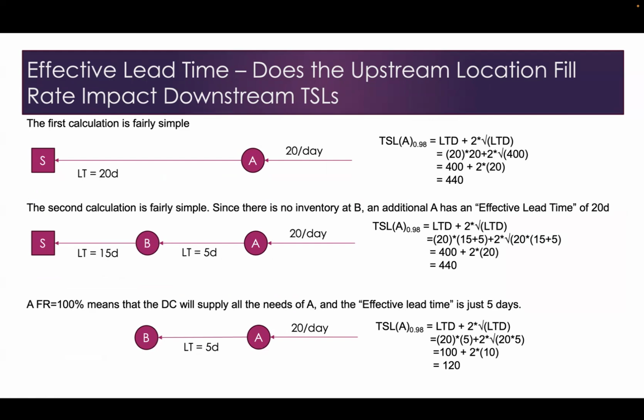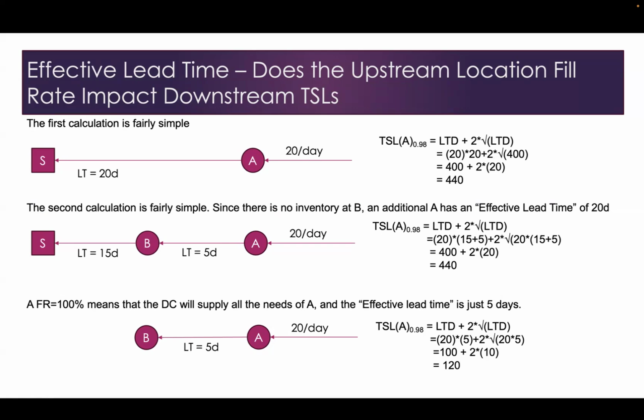We're not talking about how much B is stocking, but we're saying the location in Mumbai has as much as A would ever need. So A is not going to think about Singapore. A doesn't worry about where it's coming from, right? So it's only 5 days.